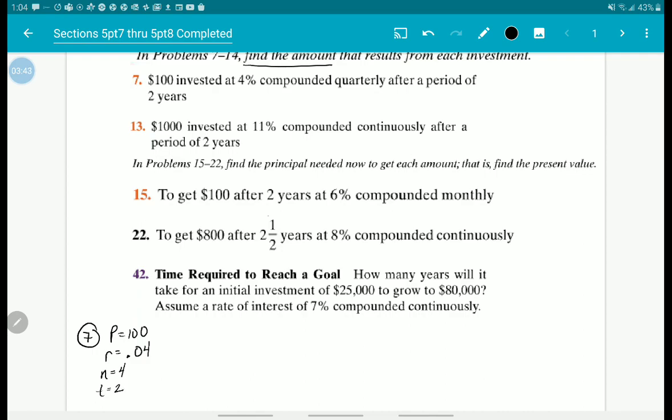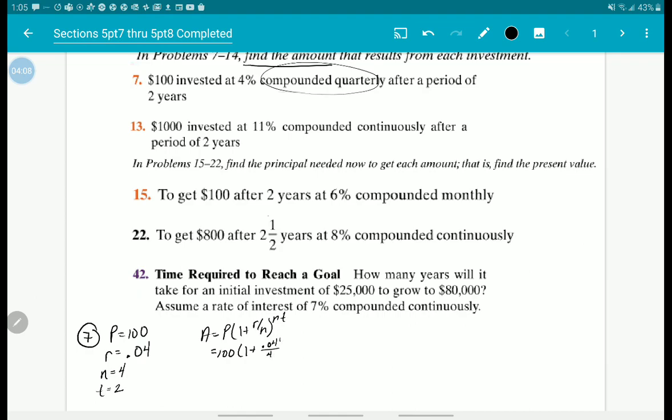So if we want to know how much is going to be in there, your key word here is compounded in some way. So compounded quarterly means that we're going to use that compound interest formula. It's that guy. Our principal is 100. Interest rate is 0.04.